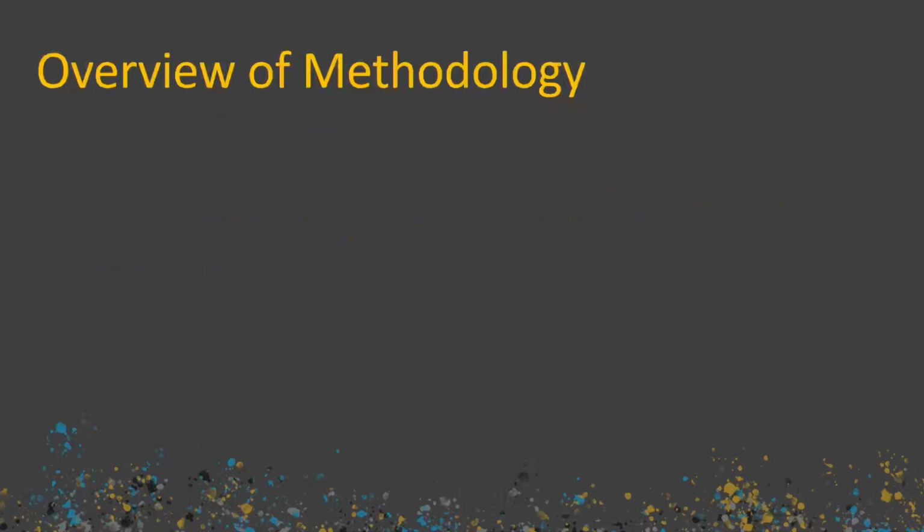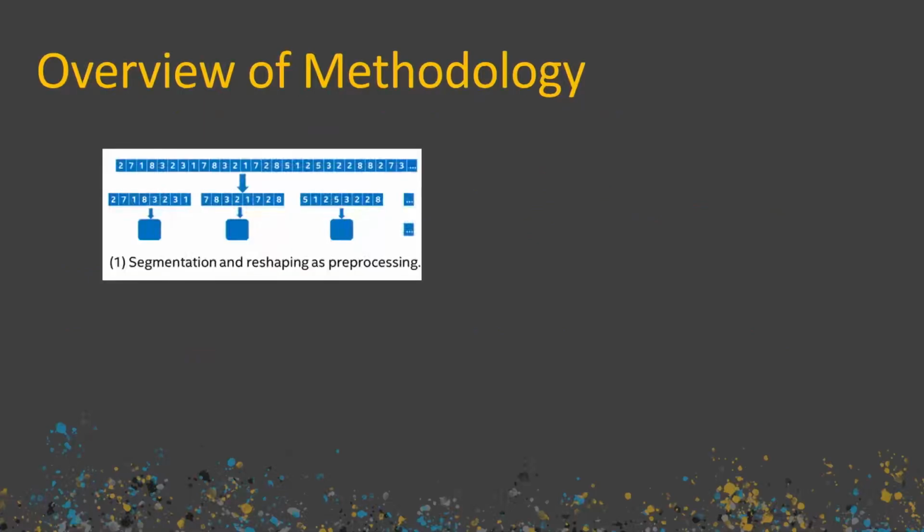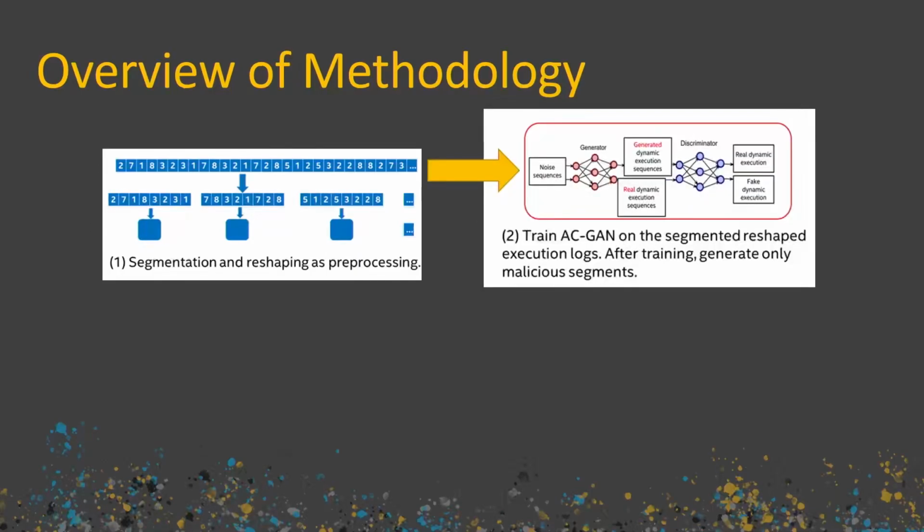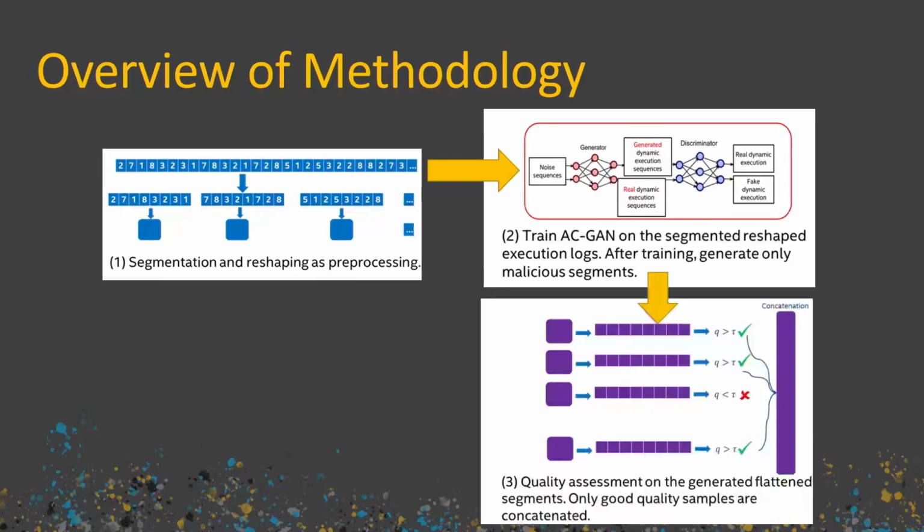Given that, here is our overview methodology. We have samples collected from our sequence ransomware logs. Then we train an AC-GAN that is conditioned not only on fake and real, but also on benign and malicious labels. Once we have trained the neural network, at test time we generate the adversarial malicious samples, and we incorporate this quality assessment check on them. If they pass the assessment check, we put them in our set to later bypass the ML systems.